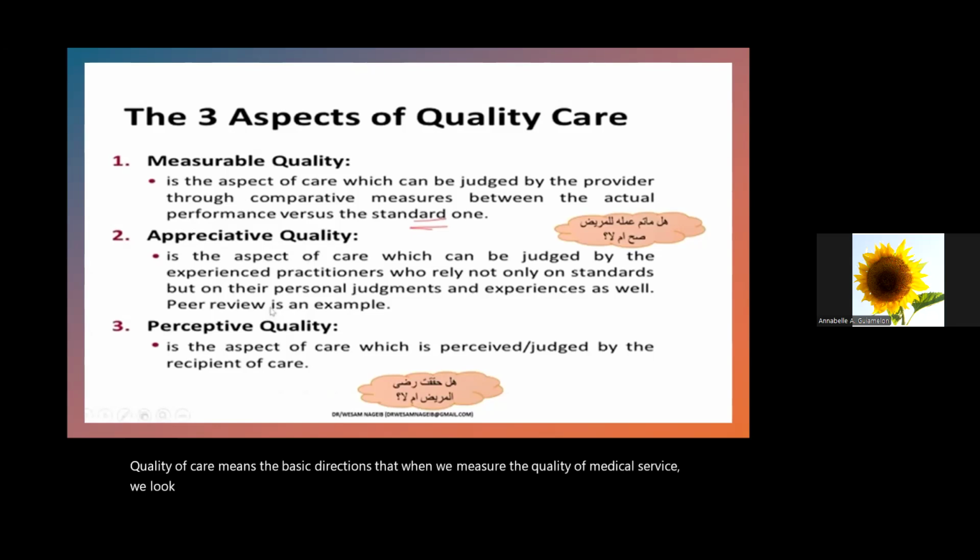The first thing is measurable, meaning that the service I am providing can be measured by comparing it to the standard of care, and seeing whether the steps taken are consistent with our policies and procedures or not. Compare it to the clinical practice guideline, the treatment protocol, and whether the steps taken align with it or not.